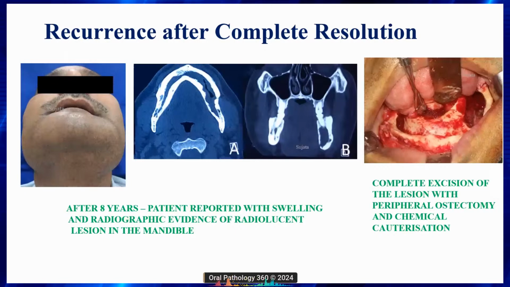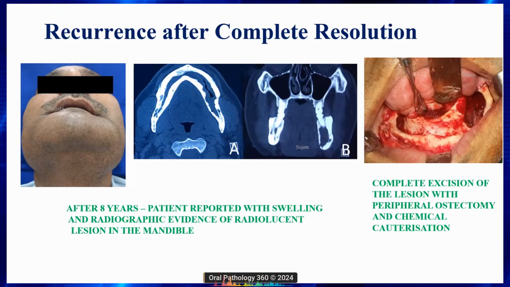But on his 8-year OPG and CT scan, he reported with swelling at 8 years of follow-up, with radiographic evidence of radiolucent lesions in the mandible. Thinking that it was again a recurrence of the odontogenic keratocyst, complete excision of the lesion with peripheral ostectomy and chemical cauterization was done after enucleation of the lesion.